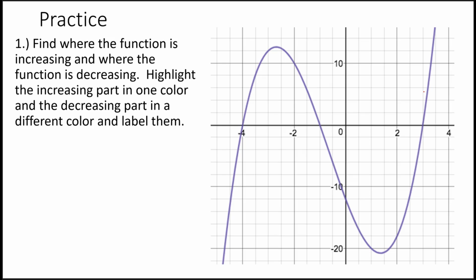In this graph, we want to know where the function is increasing and where it is decreasing. We're going to highlight the increasing part in one color and the decreasing part in a different color, if you have different colors. So we have increasing, again going from left to right. As we're traveling on the graph, I can see that this portion, as we're going up right here, is definitely increasing.